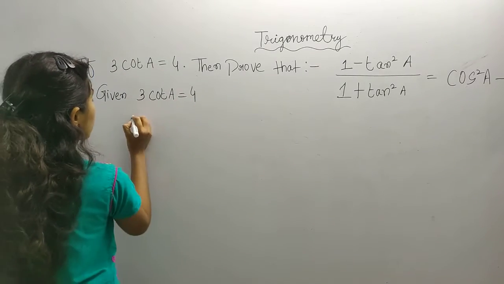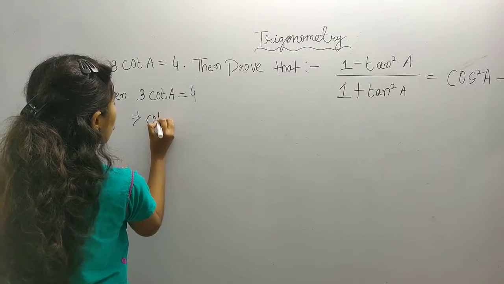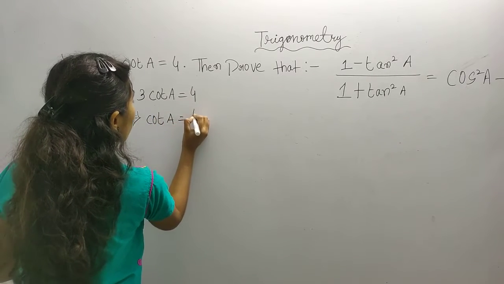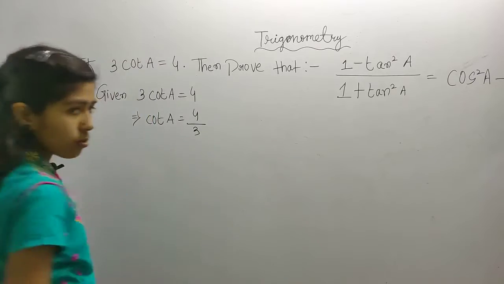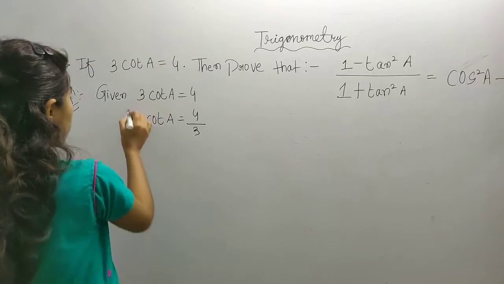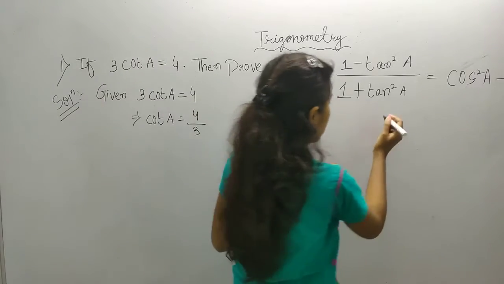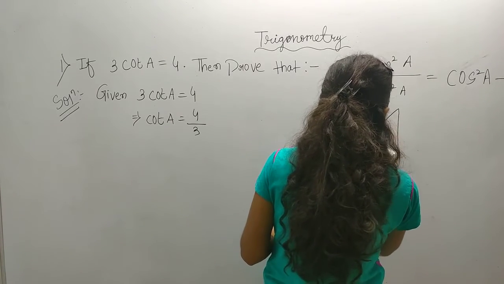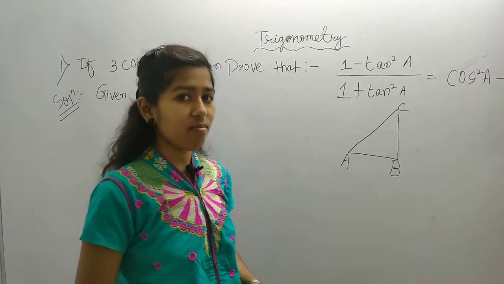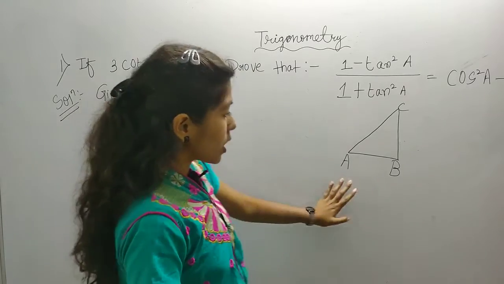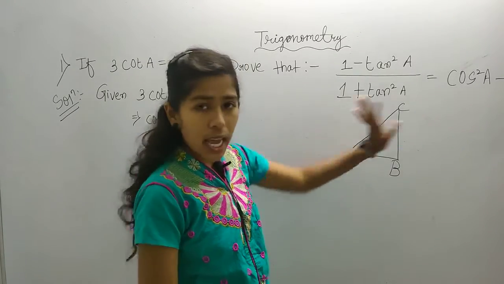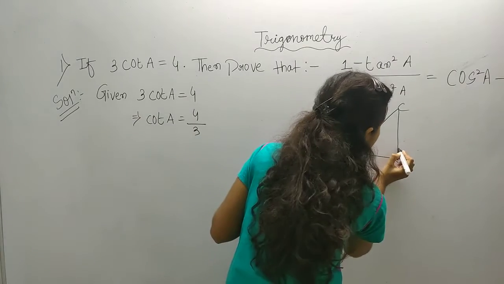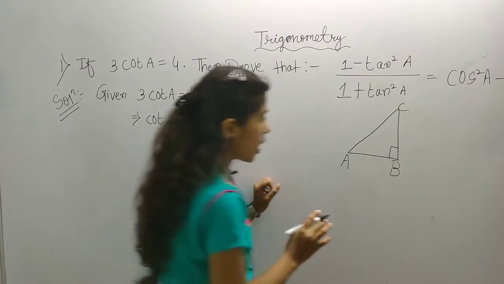So let's find out cot A. Cot A will be 4 by 3. So from this, let's draw a triangle. See, so this is a triangle A, B and C. It's the perpendicular, right?